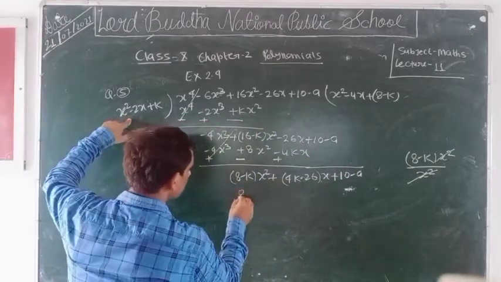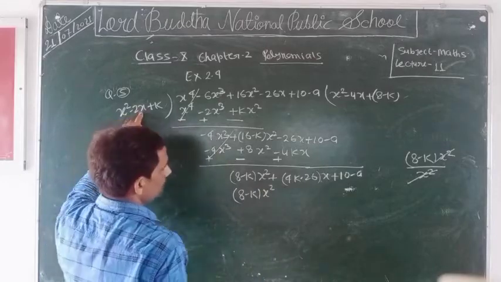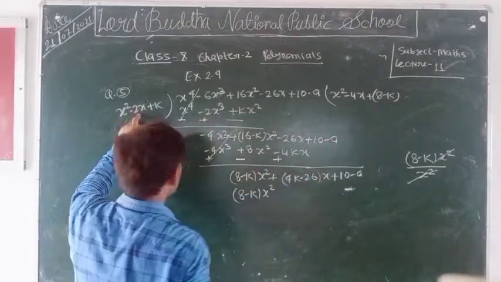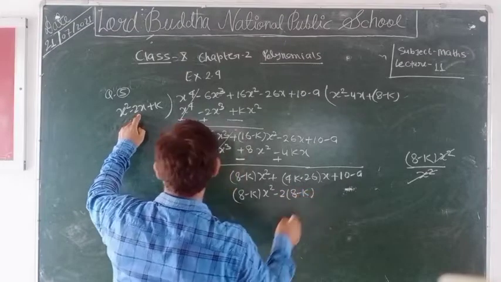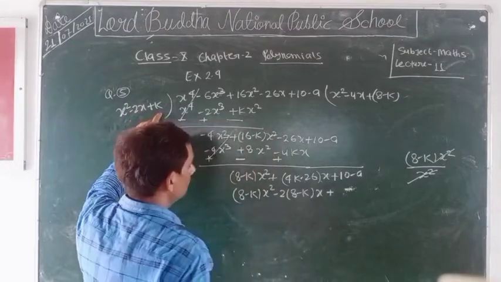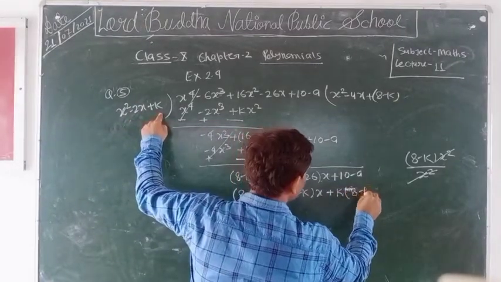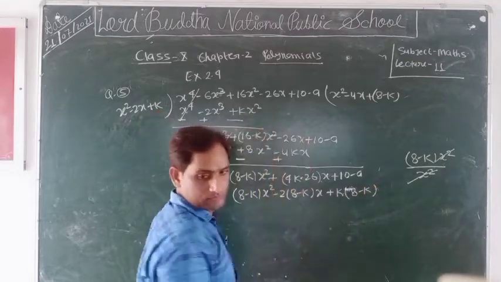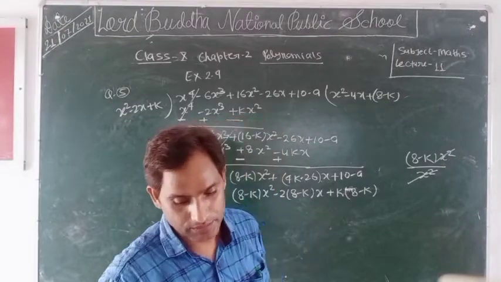We get here 8 minus k into x square, minus 2 into 8 minus k into x, plus k into 8 minus k.